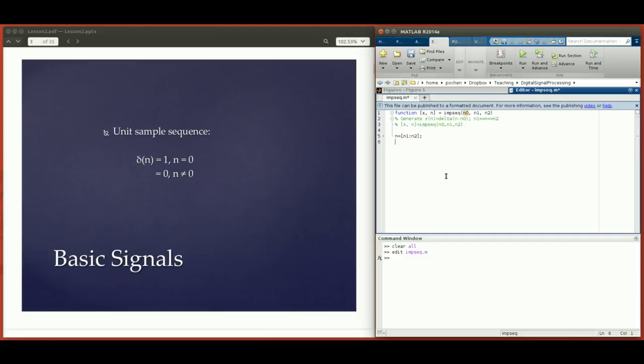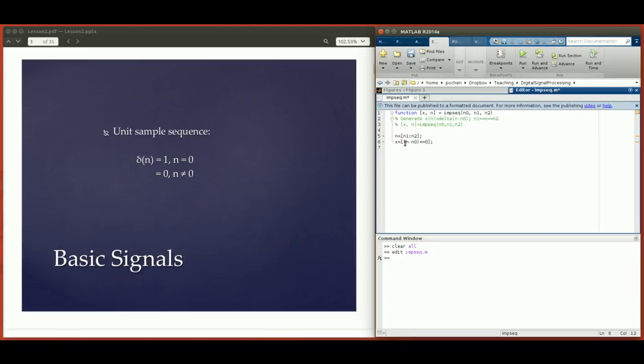And then what's going to be the amplitude? Right. I'm going to write the body of the function, and then I'm going to explain the meaning of this particular line. So inside of this square bracket, I'm actually doing a comparison.